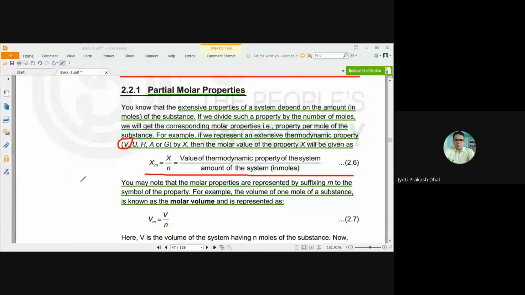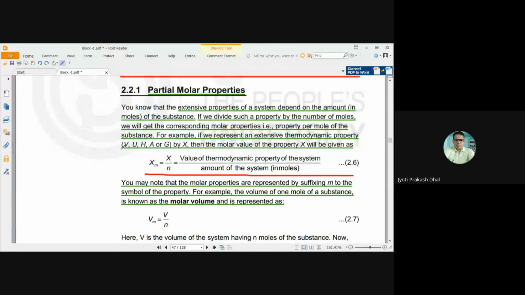So here we will discuss thermodynamic properties. Extensive properties are the properties which are dependent upon the amount of substance present in the system. So these are called extensive thermodynamic properties.